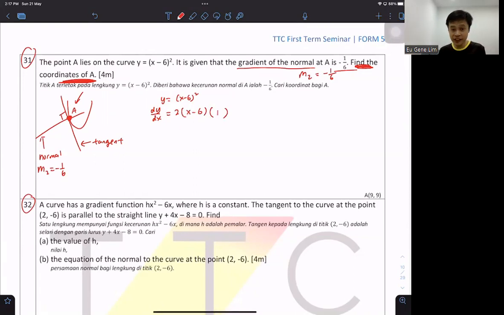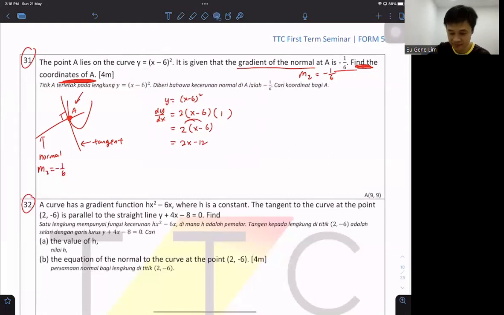Differentiate the inside, you get 1. 1 times 2 is 2. Okay, continue. Then next, what do you need to do? Oh, you can expand now. Expand. 2x minus 12. Okay, good, no problem.